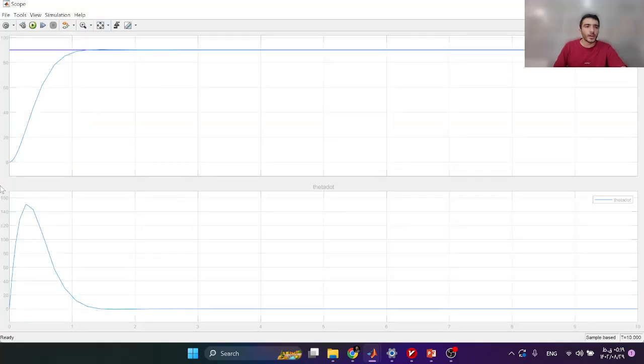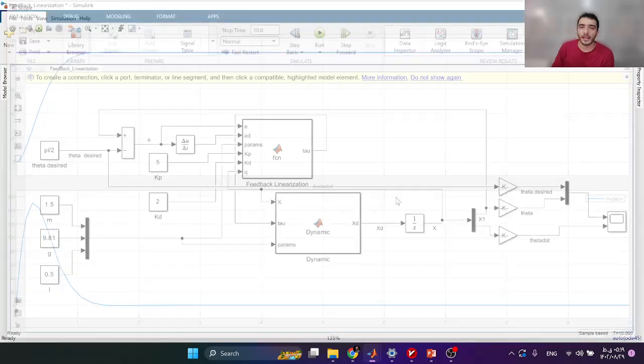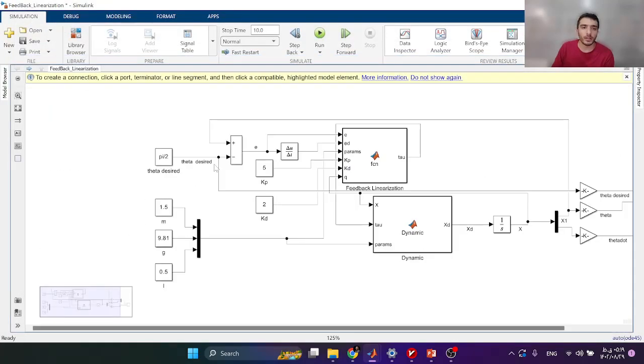Okay, we can see that our theta is converged to 90 degrees that we wanted as the theta desired, and the system has been controlled very well here.